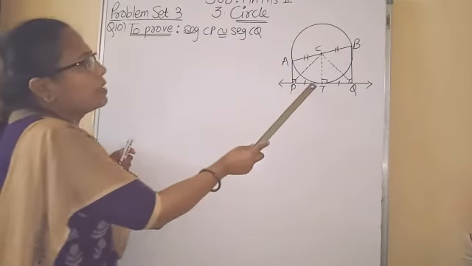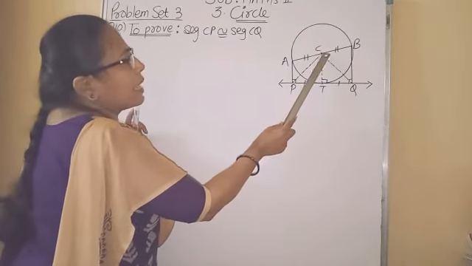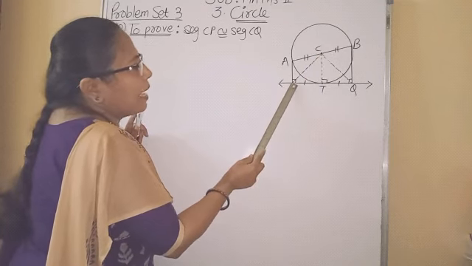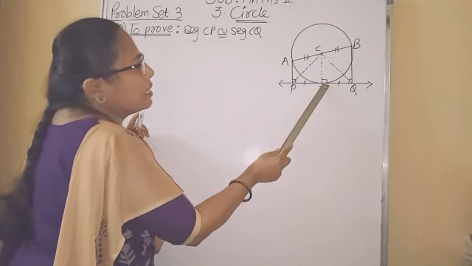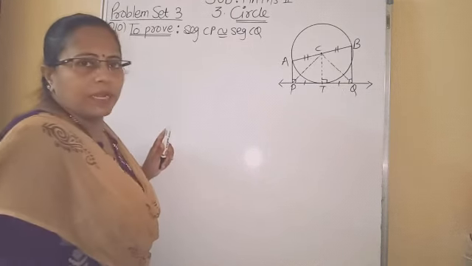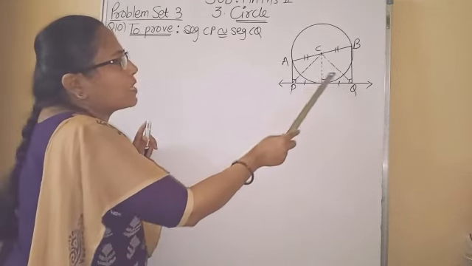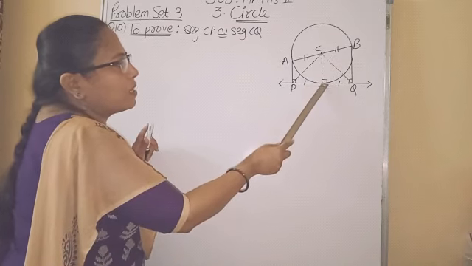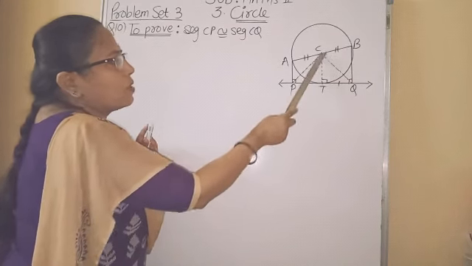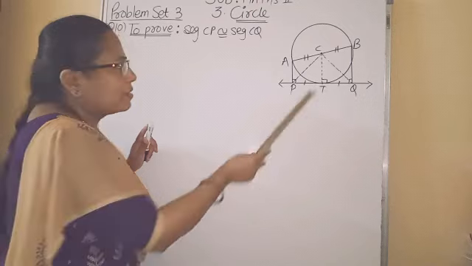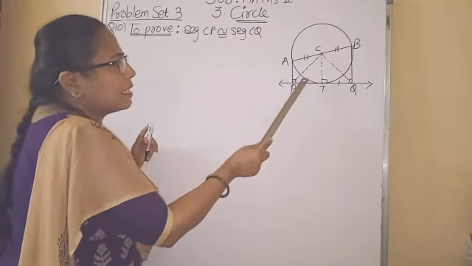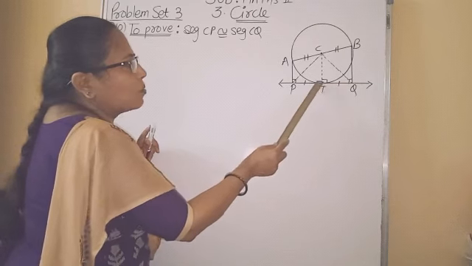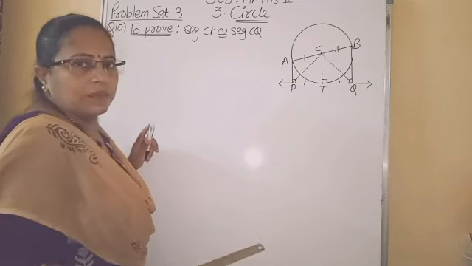Okay. Now we will prove triangle CTP and triangle CTQ congruent. By observation also you can tell this CT side is common in both the triangle. So CT congruent to CT, common side. Angle CTP congruent to angle CTQ, both are 90 degree.